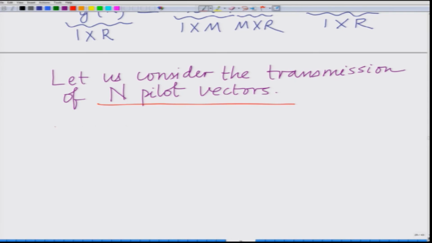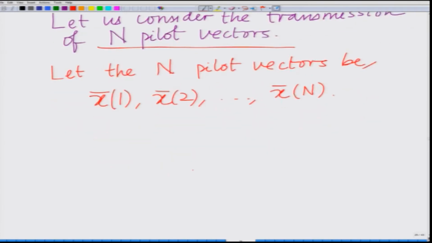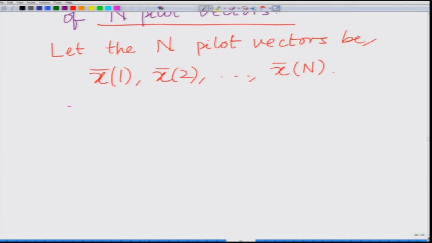So, let these n pilot vectors be x bar 1, x bar 2, so on up to x bar n. These are the n pilot vectors, which implies these correspond to the transmission of k equals 1, 2 up to n transmission instants.